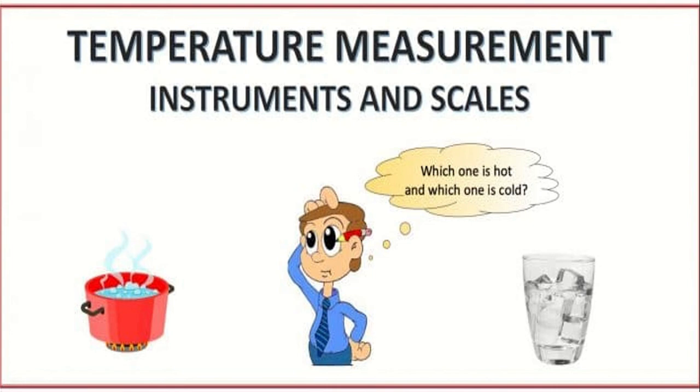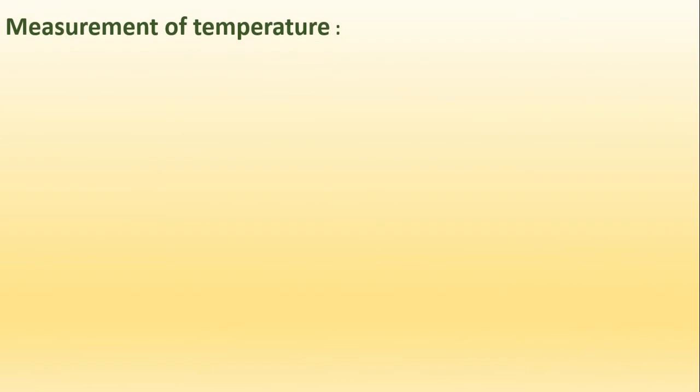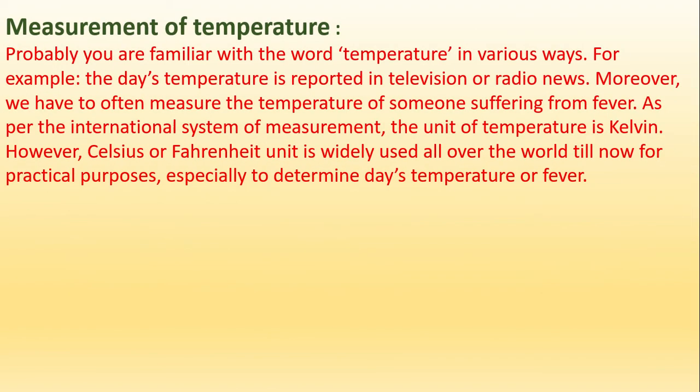So whether it is hot or cold, we can understand when we measure the temperature of these two objects. So for measuring temperature, what is needed? Do you know? Yes, for measuring temperature, one device is required and that is known as a thermometer.